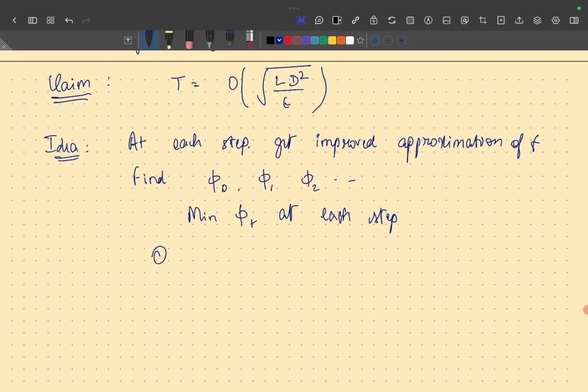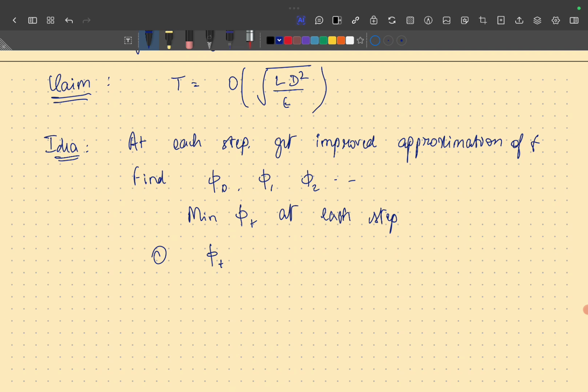The first property that it has to satisfy is that I want tight upper and lower bounds on phi t in terms of f. So I want phi t to approximate f better and better as we go along.